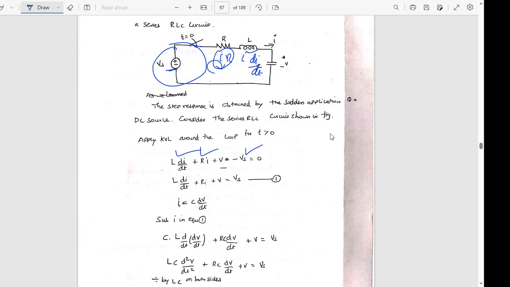Now I am just rearranging it: L di by dt plus Ri plus V equal to Vs.